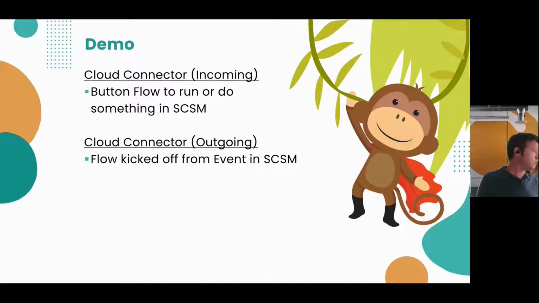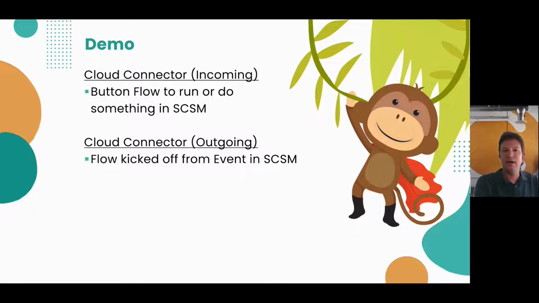All right, so the first demo here, we're going to look at the Cloud Connector, the incoming REST API side of it. So we're going to look at a flow that gets kicked off from a button, like a manual flow.